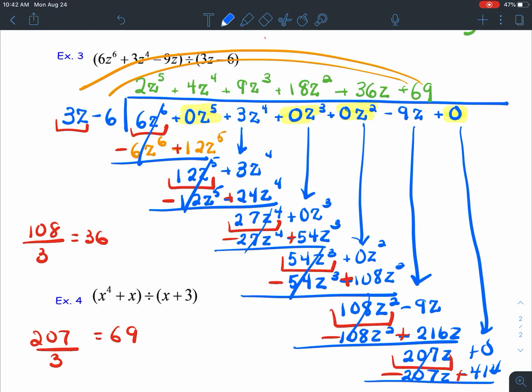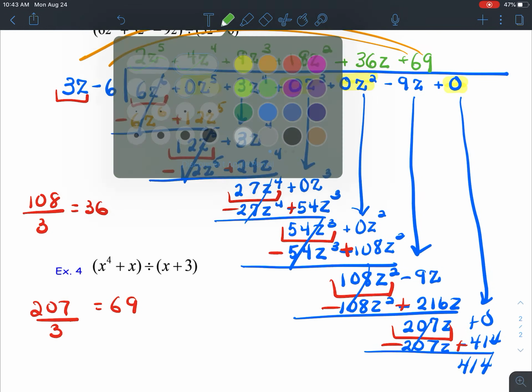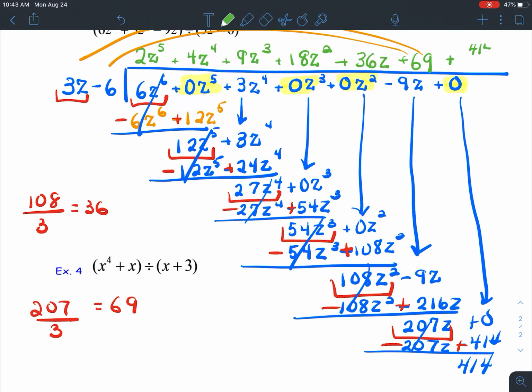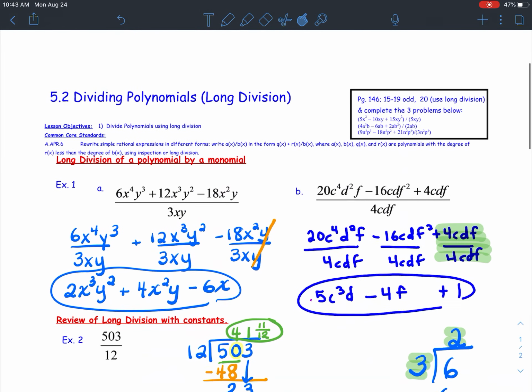Okay, one last flipping of the signs, and it looks like we are left with a remainder of 414. So I'm going to add the fraction 414 over what I was dividing by, 3z minus 6.